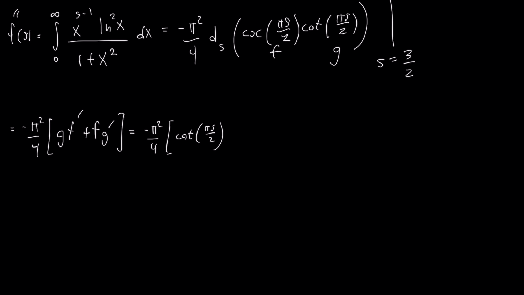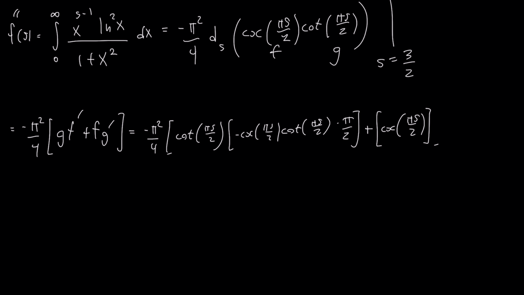F prime will be negative cosecant of pi s over 2, cotangent of pi s over 2, times the chain rule, which would be an extra pi over 2, and the plus f, which is cosecant of pi s over 2, times g prime will be a negative cosecant squared of pi s over 2 times an extra pi over 2.